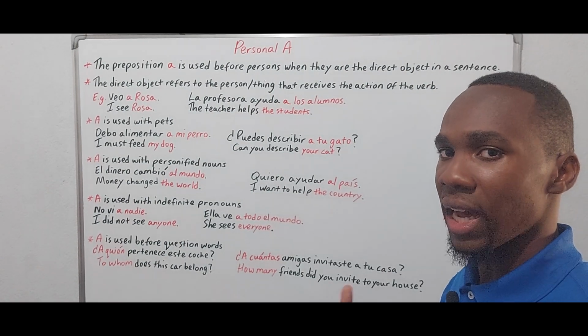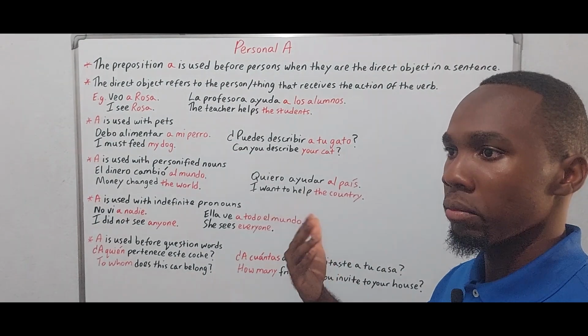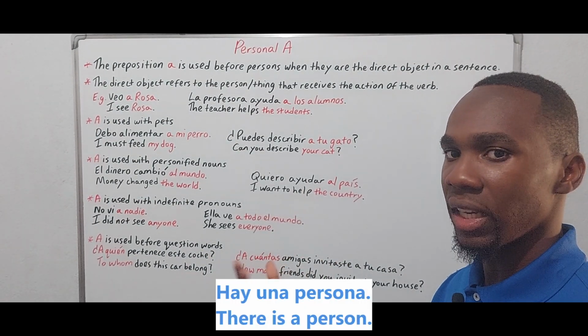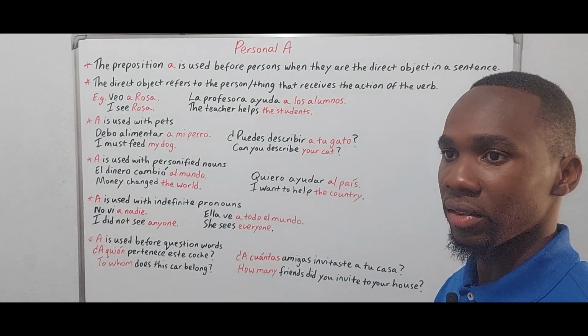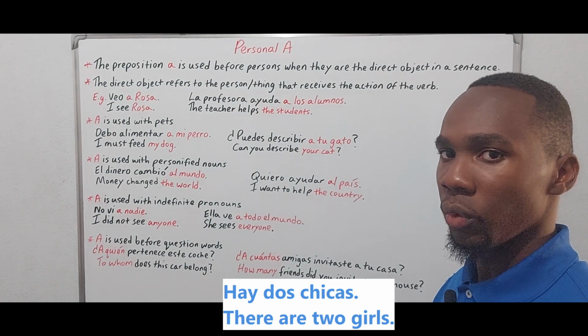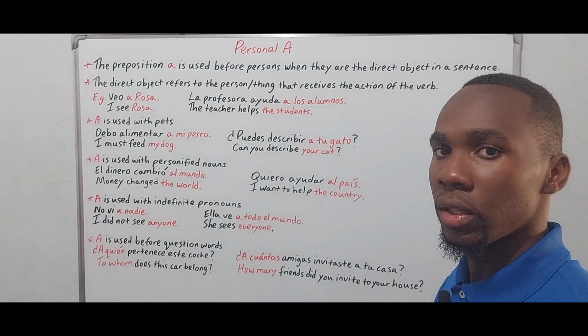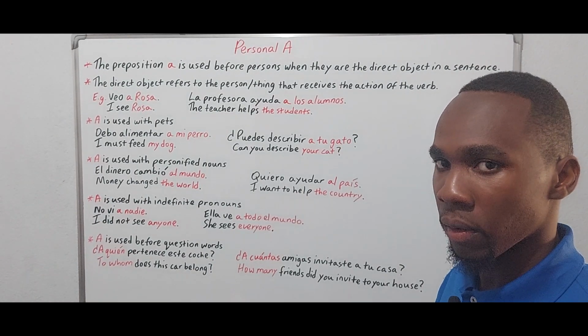And we know that we use haber to talk about existence. So if I want to say, hay una persona, there is a person. Hay dos chicas, there are two girls. We don't say hay a dos chicas. No. So we don't use the personal a after verbs such as haber.